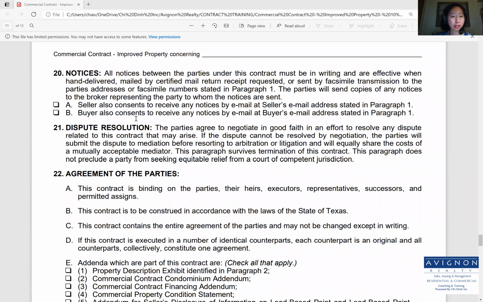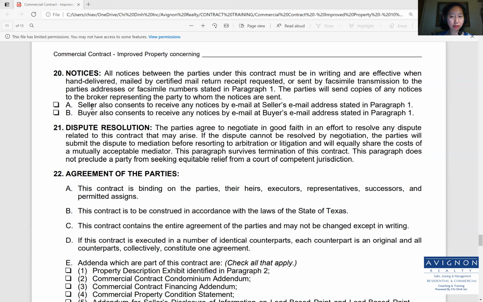Paragraph 20, notices. All notices between the parties under this contract must be in writing and are effective when hand delivered, mailed by certified mail, return receipt requested, or sent by facsimile transmission to the parties' addresses or facsimile numbers stated in paragraph 1, and then either A or B. Seller also consents to receiving notice by email at seller's email address stated in paragraph 1, and then buyer also consents.